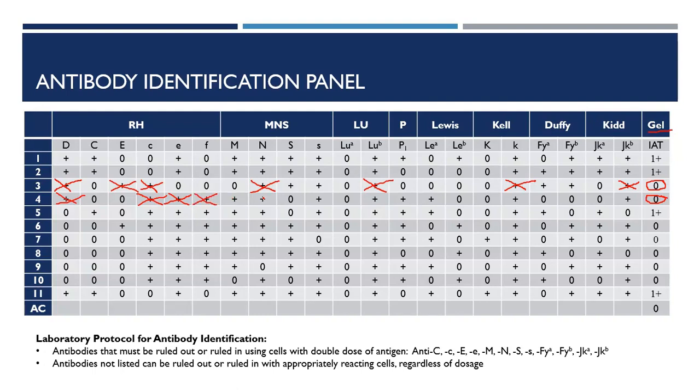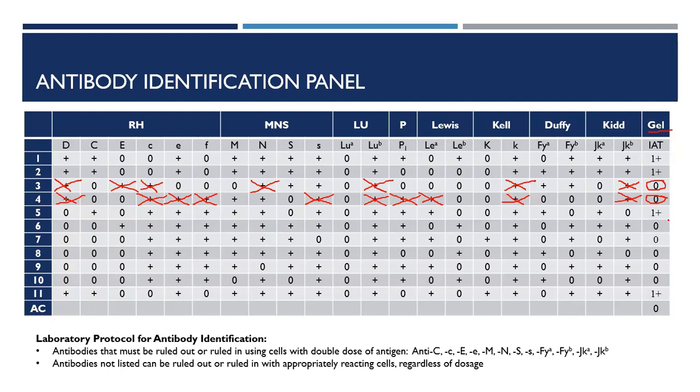Can't cross out M or N here, but I can rule out anti-little s, Lutheran B. P1 does not have an antithetical partner. Lewis A is present here, so I'm going to rule that one out. Little k, JKB.